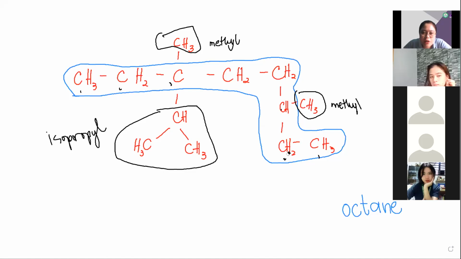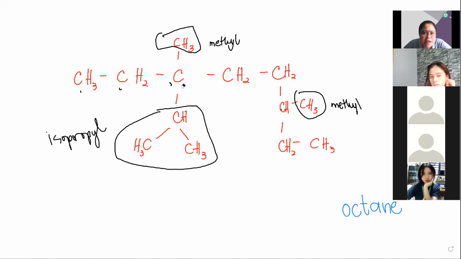Now, ano yung gagawin natin kapag kahit saan tayo mag-start, pareha lang talaga yung numbers ng kanilang substituent? Ang gagawin mo, you choose the carbon number 1, kung sino yung mauuna sa naming, like sa alphabetical naming, yun yung magiging carbon number 1 mo.